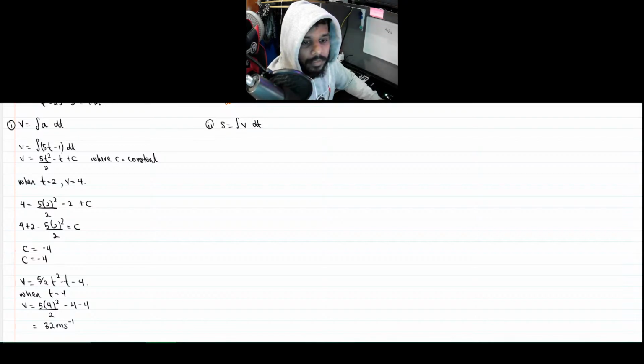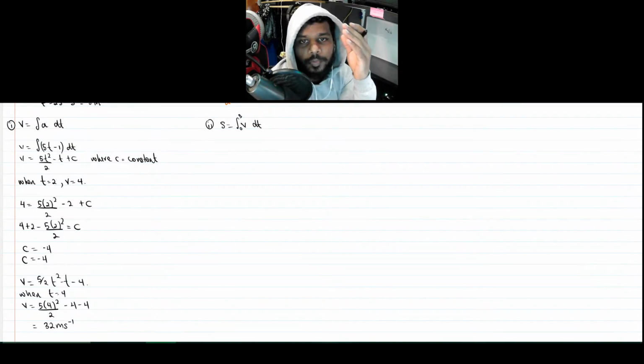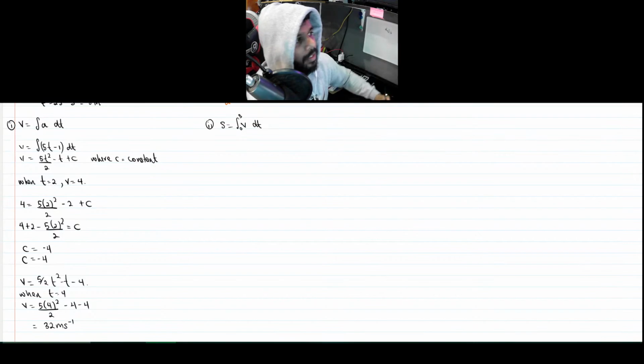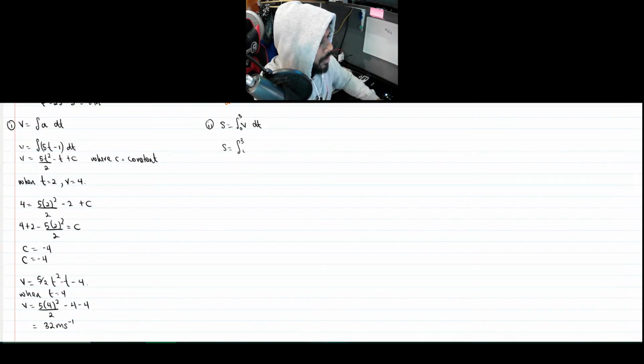Now you can use the limits if you want, where the upper limit is 3 and the lower limit is 0, assuming that the fixed point has time 0. Let me go ahead and integrate it here. S is equal to the integral between 3 and 0 of v, which is 5 over 2 t squared minus t minus 4 with respect to t.